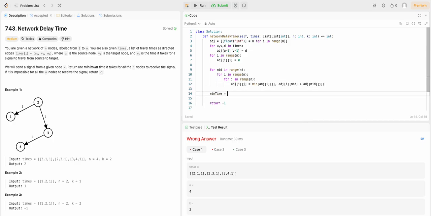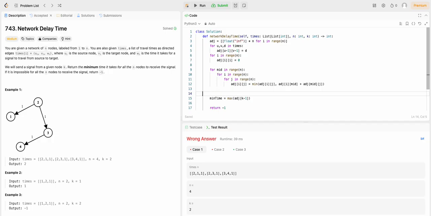So the minimum time would be the maximum of the adjacency of, so we have given k, right? Since it is 0 indexed, I'm going to make it k minus 1, because we did the same over here as well. K minus 1 would give us the minimum time now, and I can print the adjacency matrix over here.